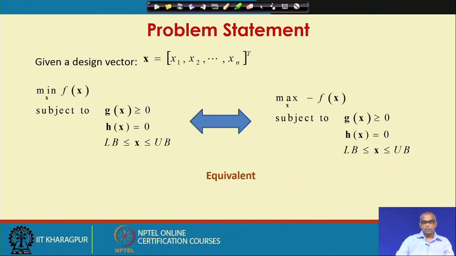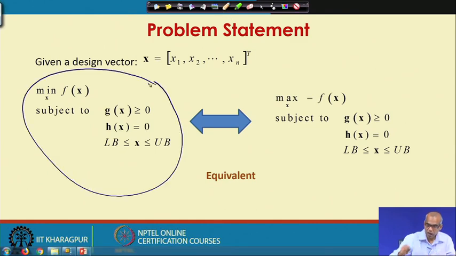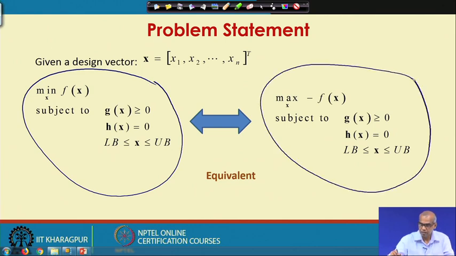Note that the minimization of function f x and the maximization of minus f x is equivalent. So, a general problem statement may be in terms of minimization of f x, it may also be maximization of f x, because minimization of f x and maximization of minus f x are equivalent.